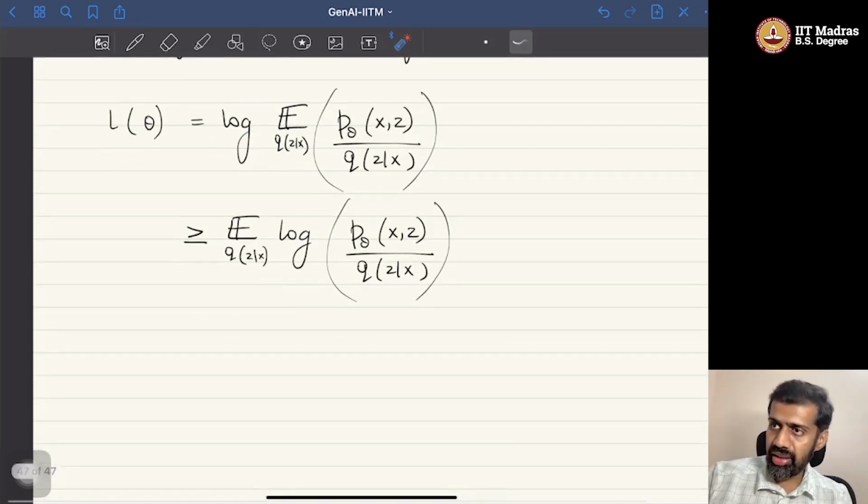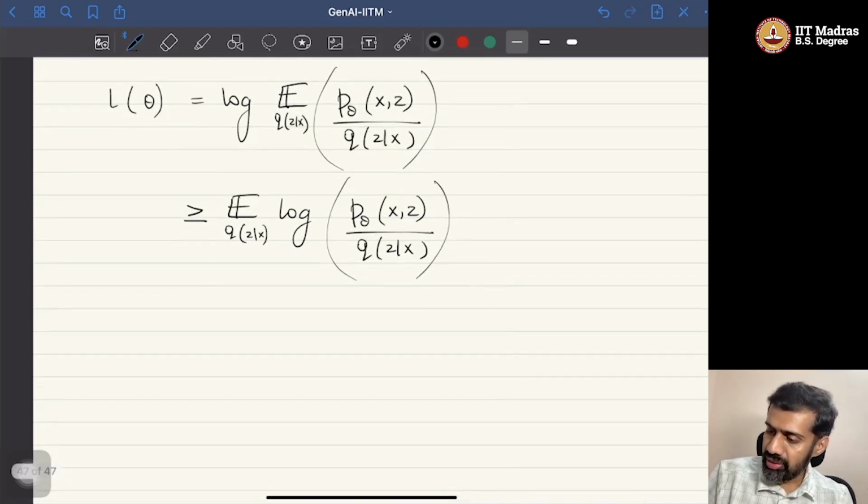So if one can recognize, this is very similar to what we did in the variational divergence minimization on adversarial learning, where we constructed a lower bound on the function that we would want to optimize. Okay, now we have L theta bounded by the expectation of this particular thing.